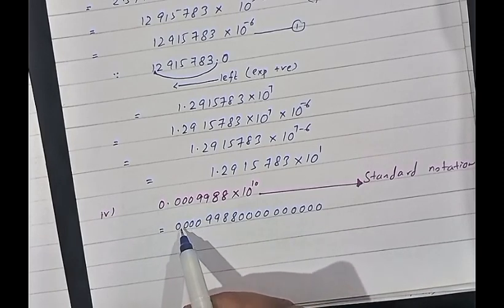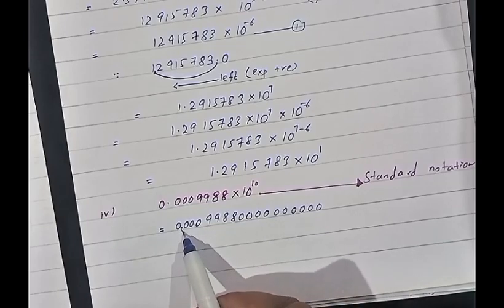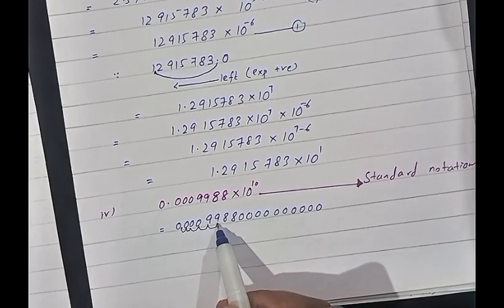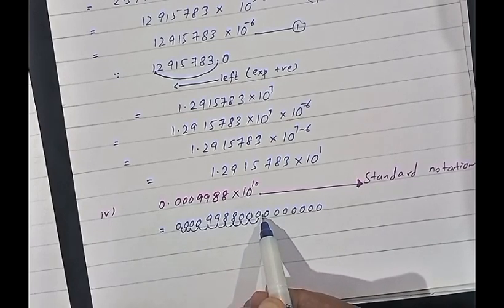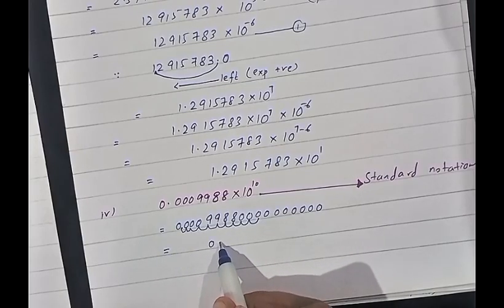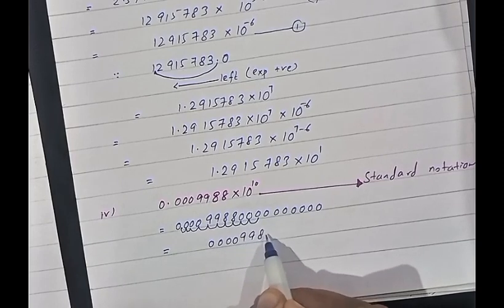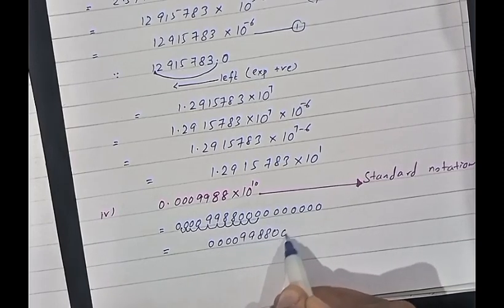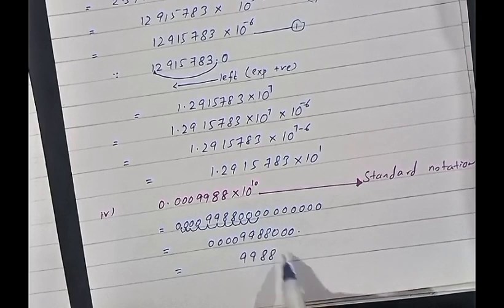As before, the decimal is between 0 and 0. So we count 10 digits, 1 2 3 4 5 6 7 8 9 10. So here we place the decimal and writing it again, double line, double 8 and triple 0, which is the required standard notation. And the final answer is double line, double 8, triple 0.